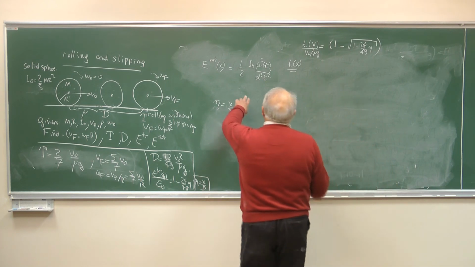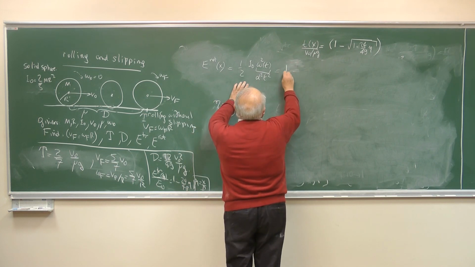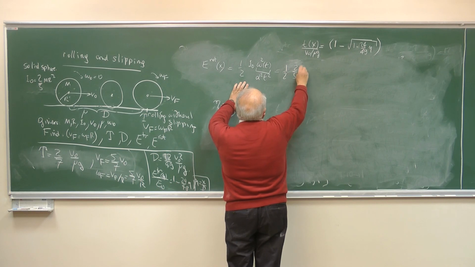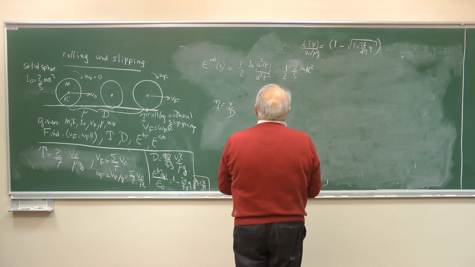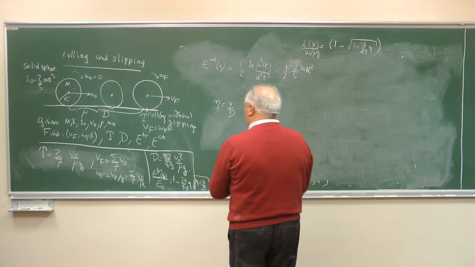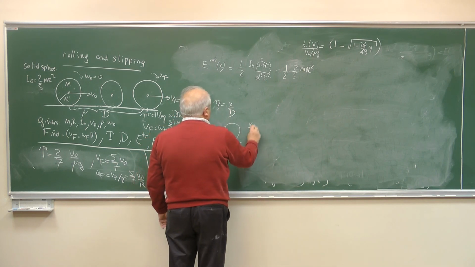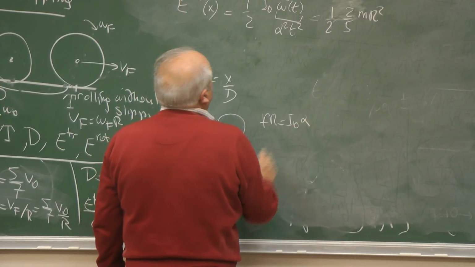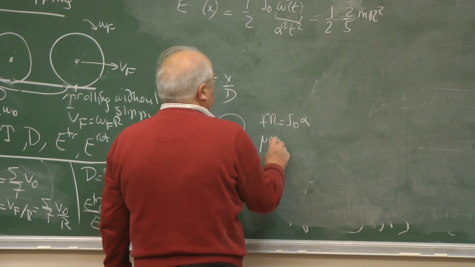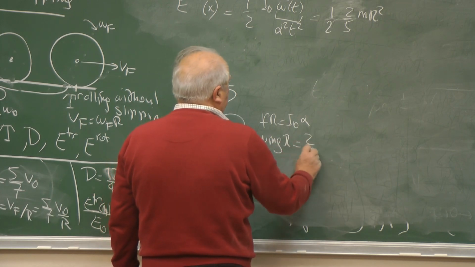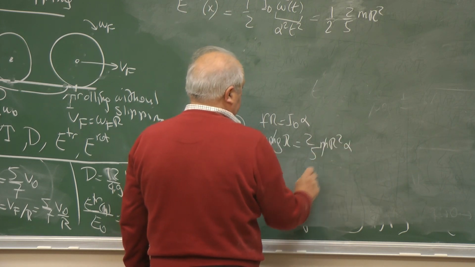Okay, so we are here. 1/2 times 2 over 5 m r squared alpha squared. What was alpha? We didn't write it, so we have to find it again. F r is equal to I alpha, and mu m g r is equal to 2 over 5 m r squared alpha. The m's cancel.